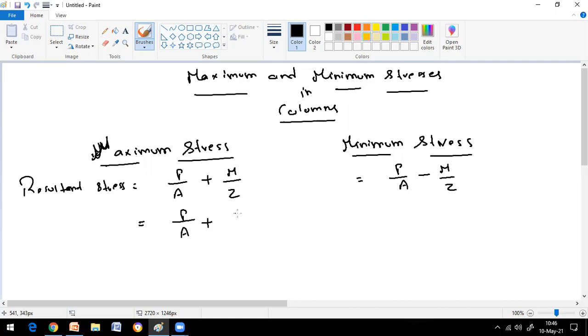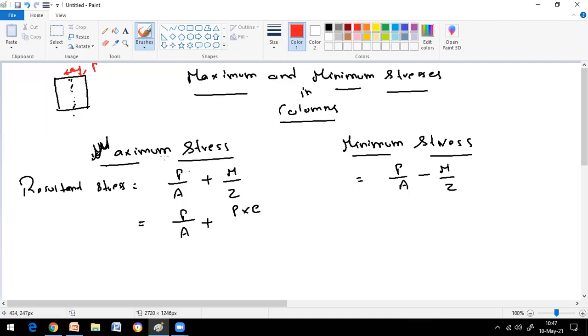How do we write M by Z? What is M? Load into eccentrical distance. This is the load and this is the eccentrical distance.